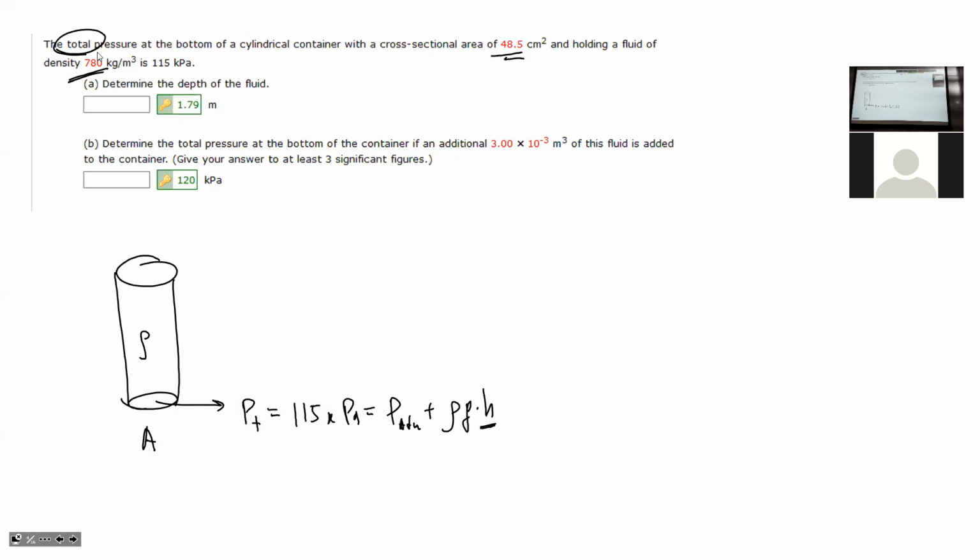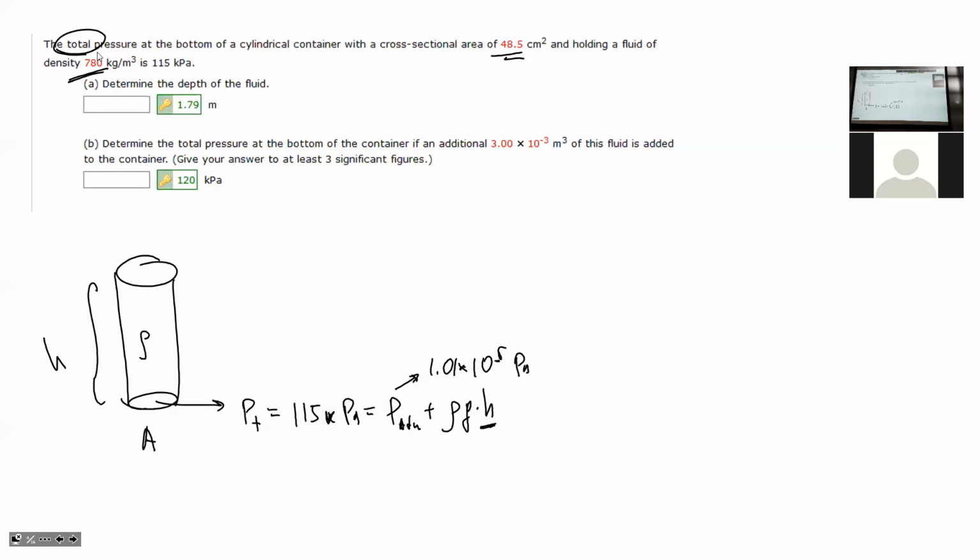So if you're looking for this, you have to take into account atmospheric pressure, which is 1.01 times 10 to the 5th pascals.